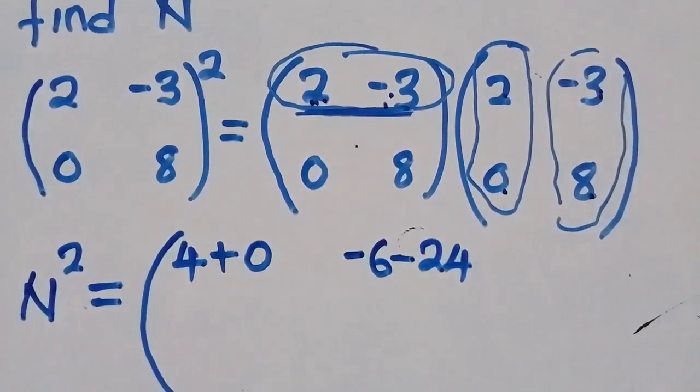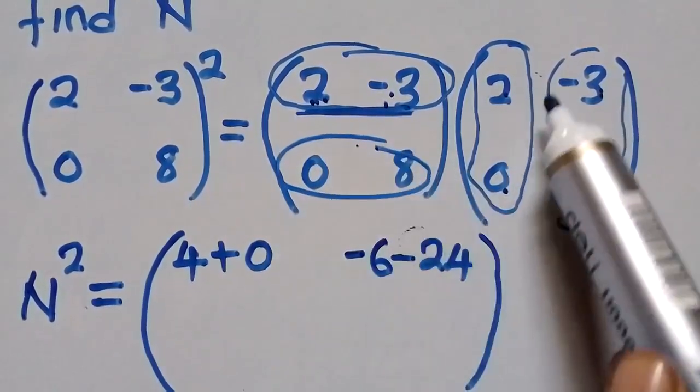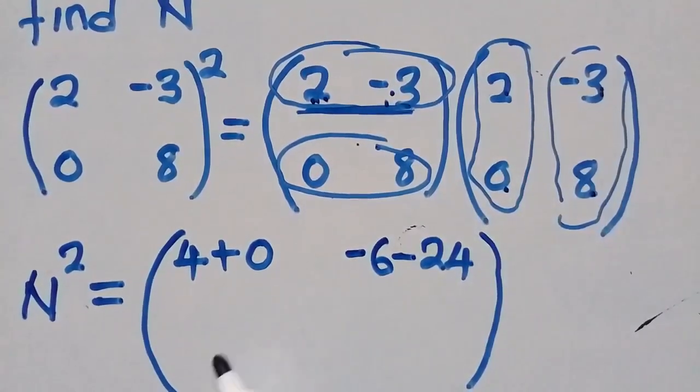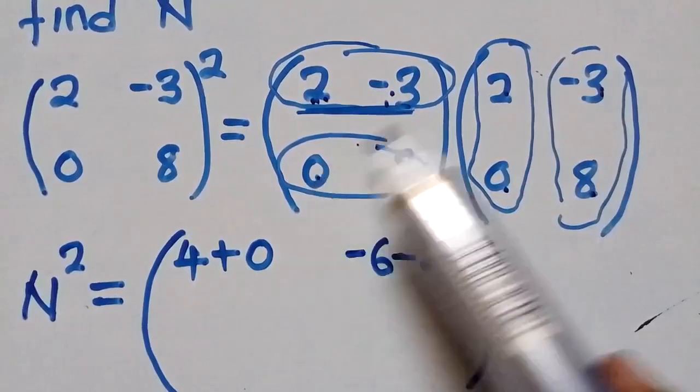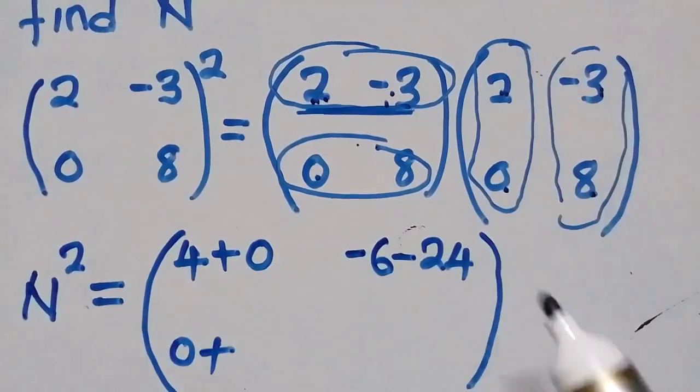Then I move down to the second row with all these columns. I say 0 times 2, it is 0. Plus 8 times 0, it is 0.